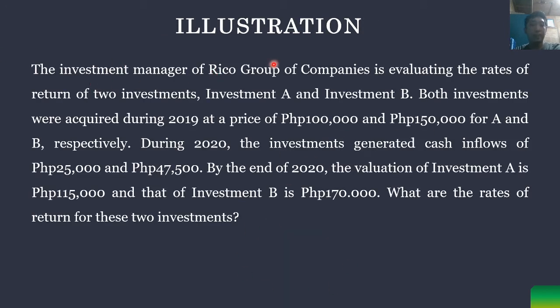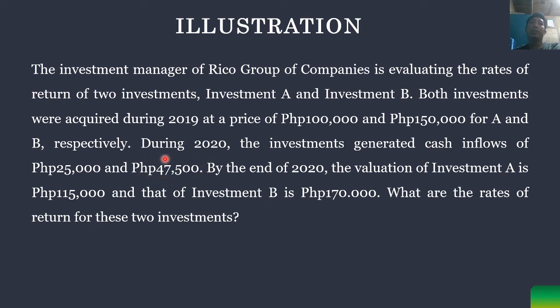So, for example, we have the investment manager of RICO group of companies evaluating the rates of return of two investments. We have investment A and investment B. Both investments were acquired during 2019 at a price of 100,000 pesos and 150,000 pesos, for investment A and investment B respectively. So during 2020, the investments generated cash inflows of 25,000 and 47,500.